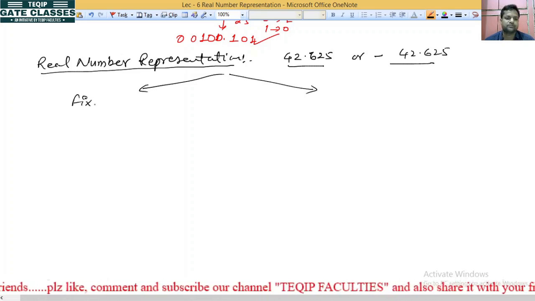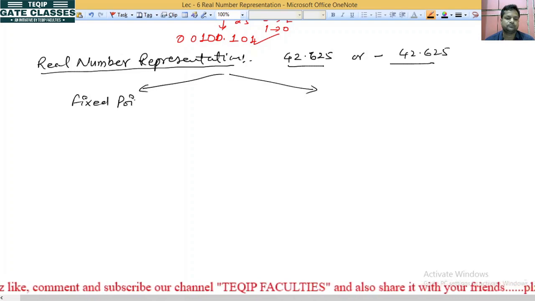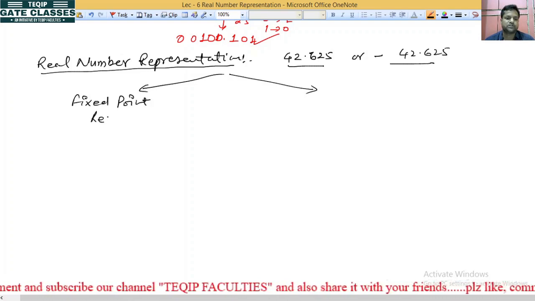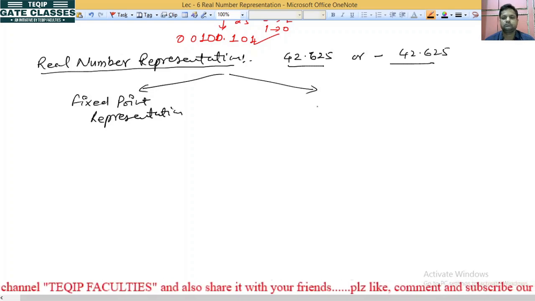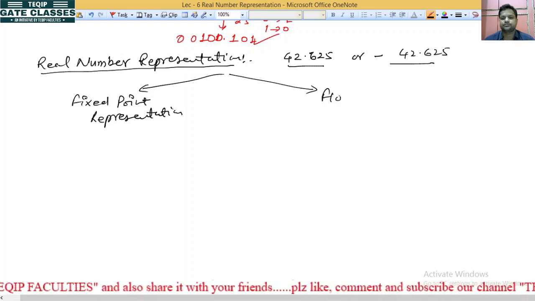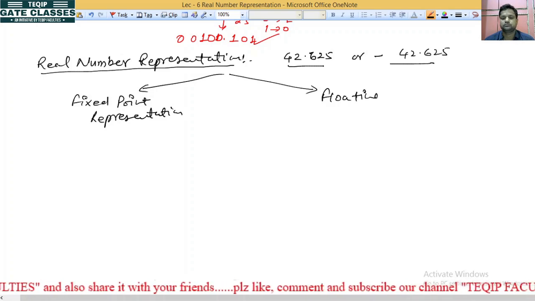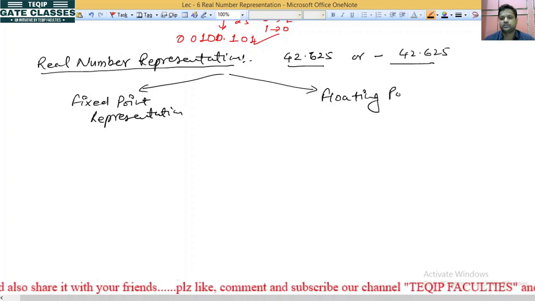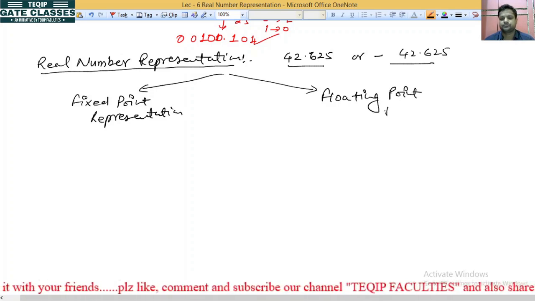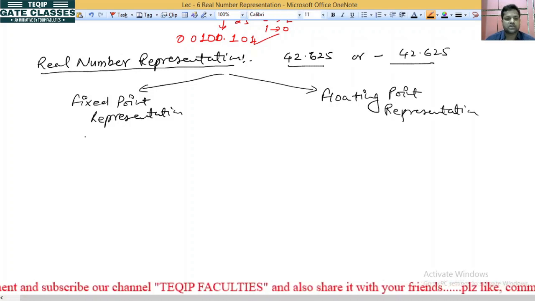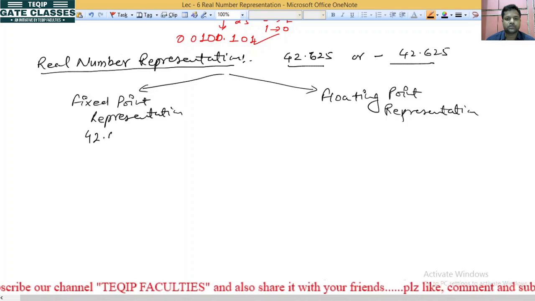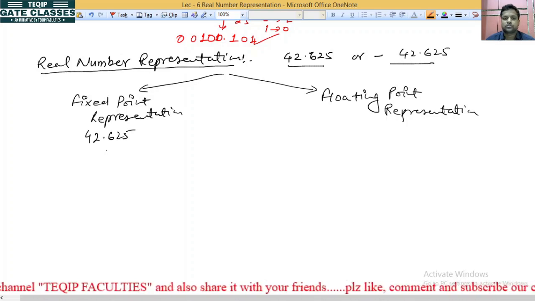The first way is fixed point representation, and the second one is floating point representation. Suppose I have a number 42.25.